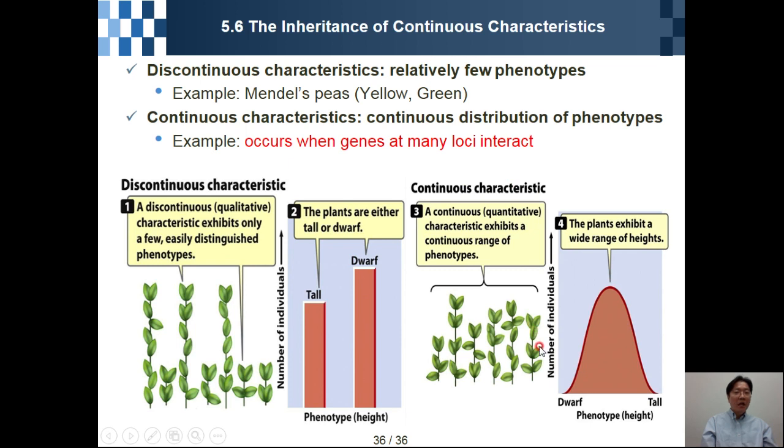That's why they show this continuous distribution of phenotype. For example, A gene is involved in plant height, B gene also plays an important role, and C gene is also important in plant height. In that case, they show this continuous distribution of phenotype.